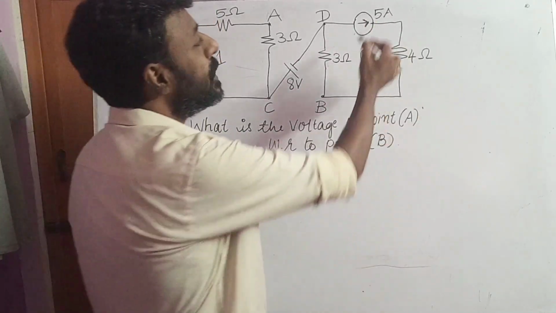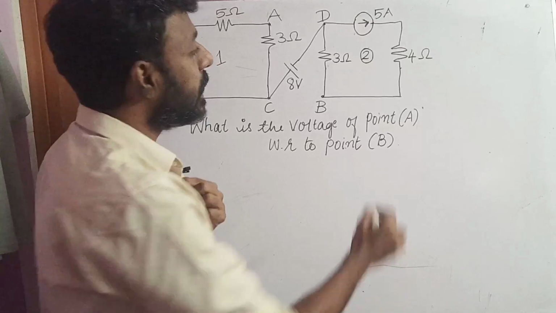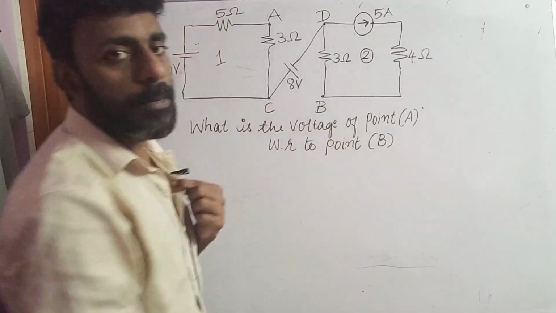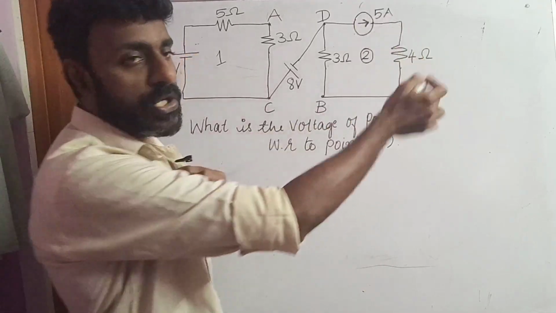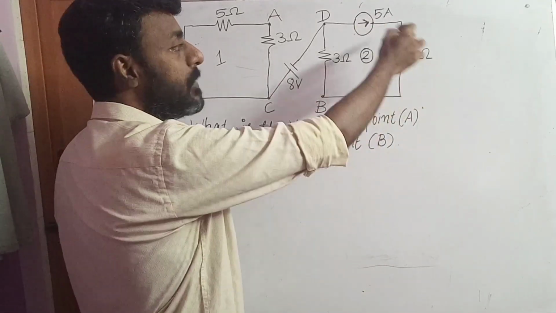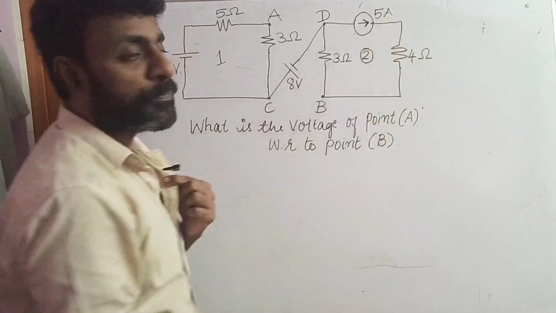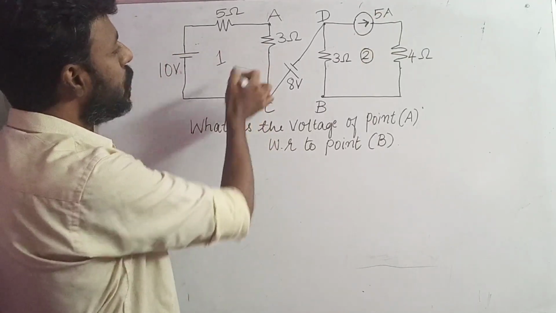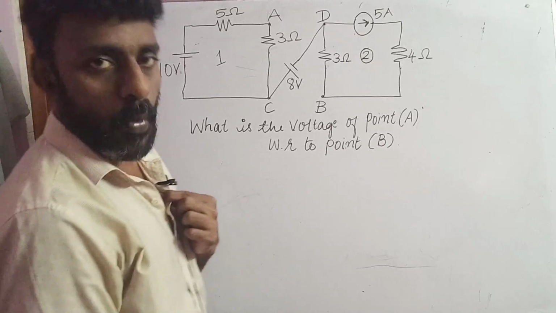So there is no need to calculate the current in loop 2, because the current flowing in this loop is given by the ammeter. It is enough that we calculate the current flowing in loop 1.